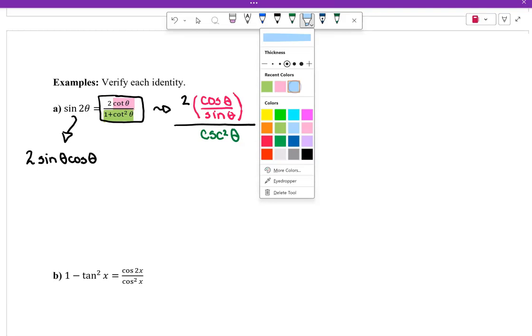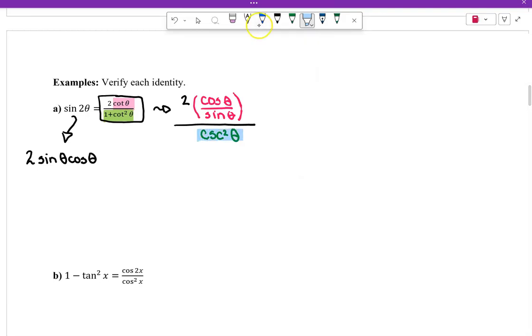But we can actually rewrite this. So we are going to have 2 cosine theta over sine theta, and this changes to 1 over sine squared theta.